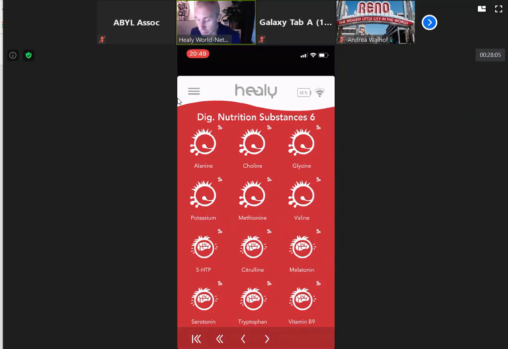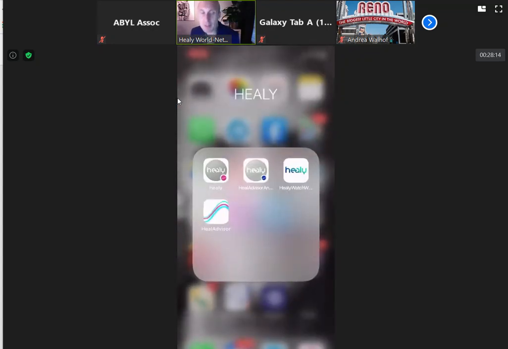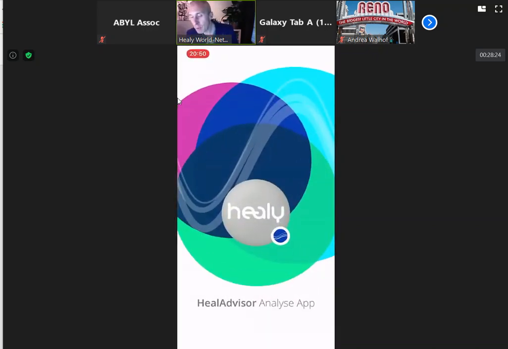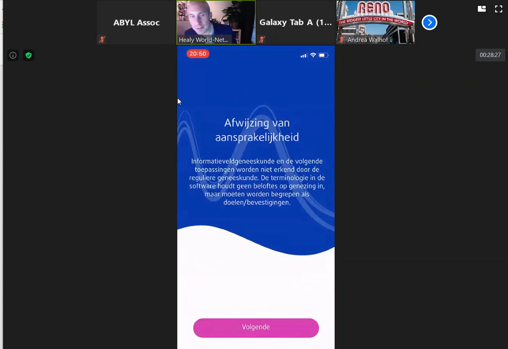And the melatonin program, half an hour before sleep, 50 minutes before sleep, and you have a very nice deep sound sleep again. So this is a subscription. So the digital nutrition is a subscription, and ask the person who invited you for that to give you a little bit more information. We also have a second app, and this is the Healy Advisor Analyze app.